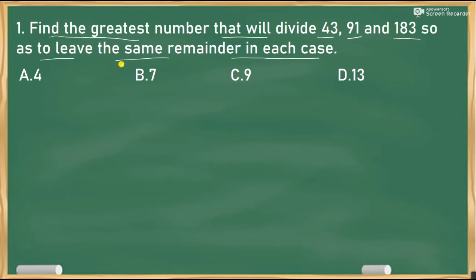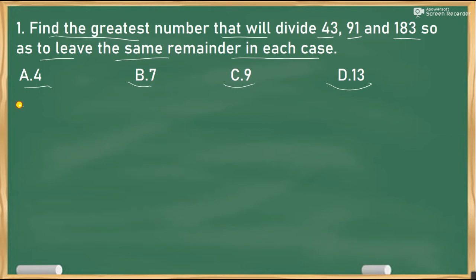It's fine if you go ahead with the options if you're comfortable with that, but it's better to know the concept. So let us discuss the concept first, because with the options you can go with ease. The concept is quite simple. You have to find the greatest number that will divide 43, 91, and 183 so as to leave the same remainder in each case.